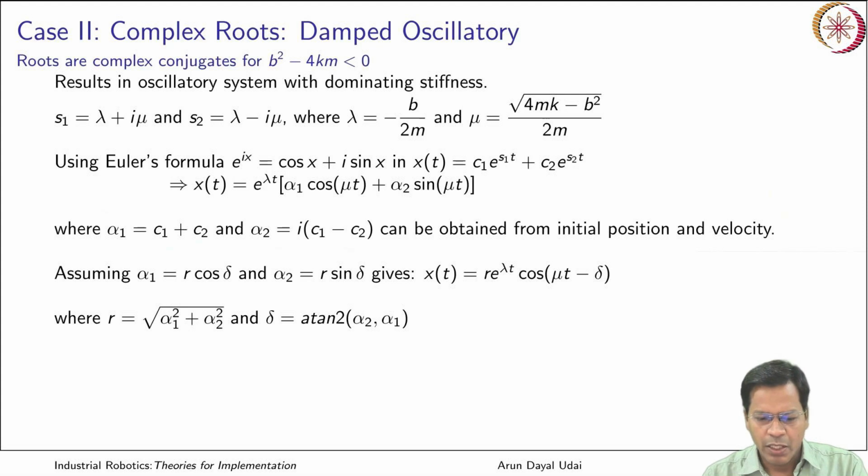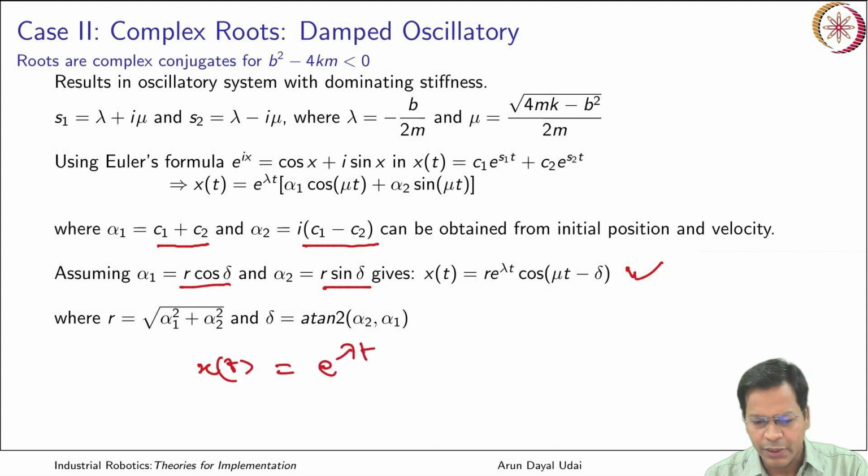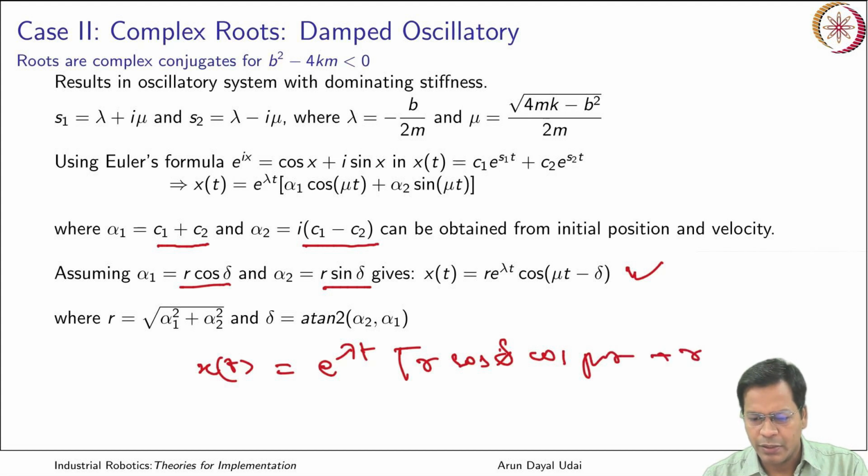Again I'll assume alpha 1 and alpha 2 as r cos delta and r sin delta. That can lead me to this. How? I'll tell you once again. You just got x(t) equal to e to the power lambda t. Here you have r cos delta cos mu t plus r sin delta sin mu t.